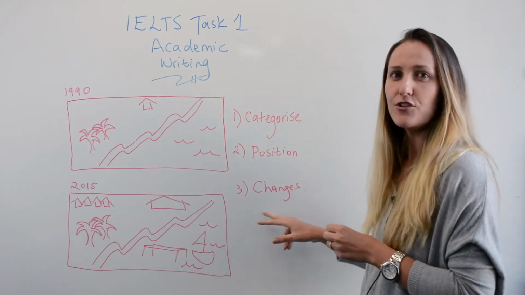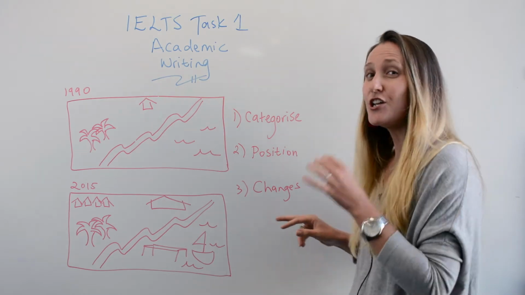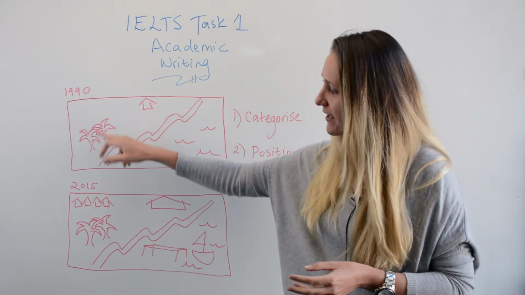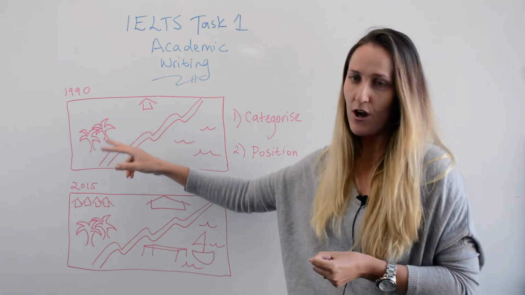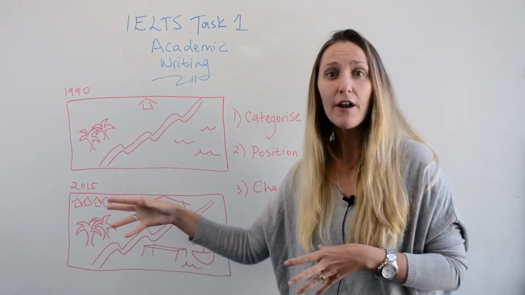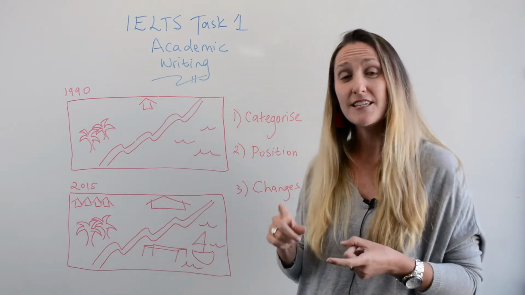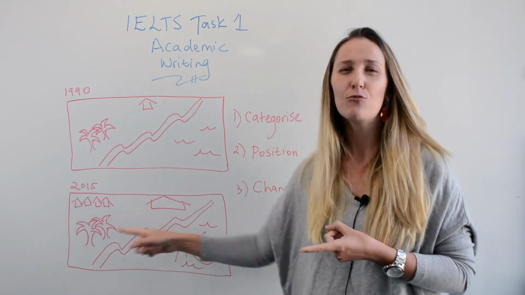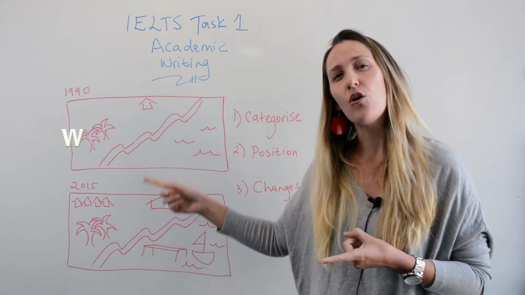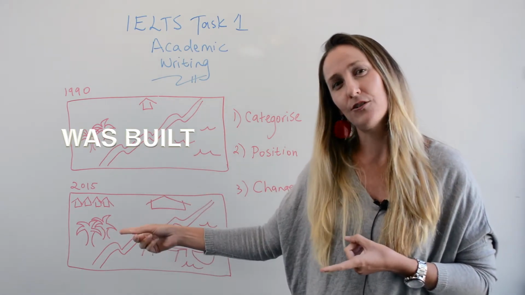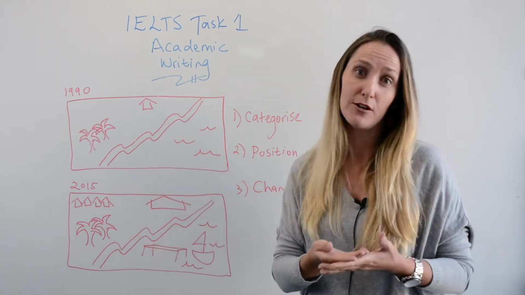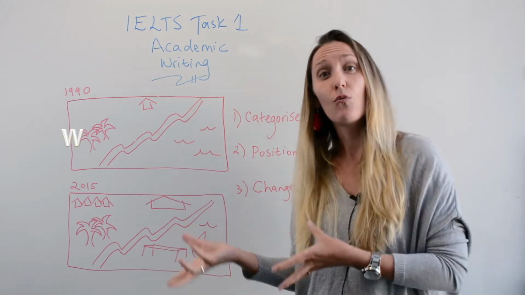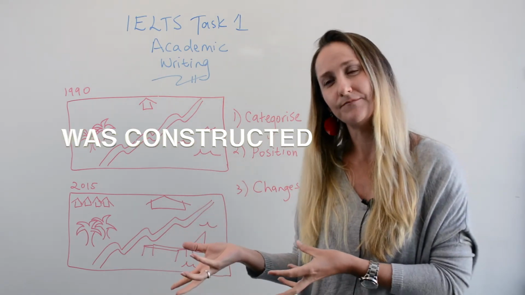Finally, it's important that you describe the changes using the correct verbs. So when we talk about this change, for example, we have a village here. One verb that we can use is build. So in 2015, we can see that a village was built. Or a synonym for build is construct. So we can say a village was constructed.